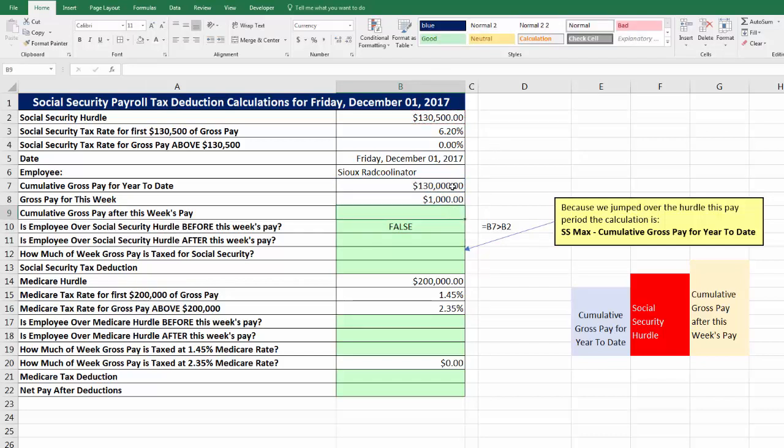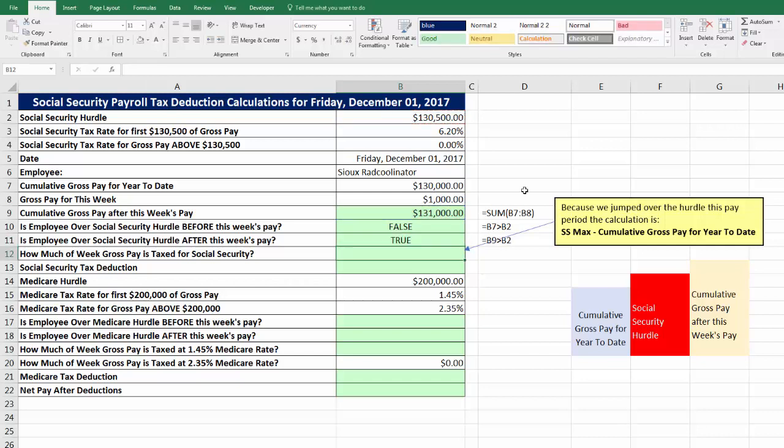Now we need to add 130,000 plus this week's gross pay. Alt equals and enter. Now I have to ask my second question. Is employee over Social Security hurdle after this week's paycheck? Equals, well, there's the cumulative total after this week's paycheck. Are you greater than the hurdle?